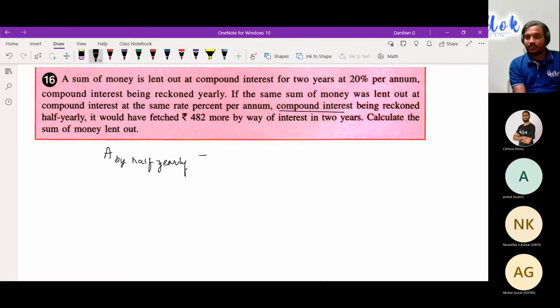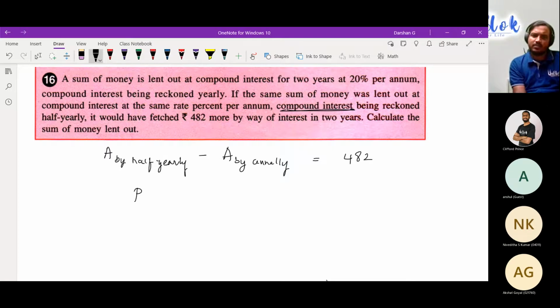They are talking about compound interest. Basically, half yearly we are getting more money. So amount by half yearly minus amount by annually would end up as 482 rupees.